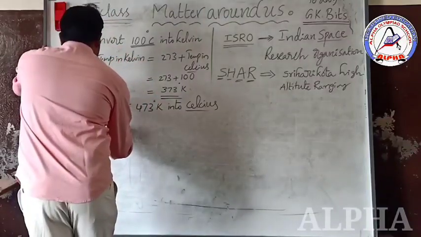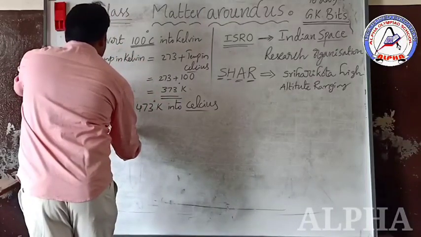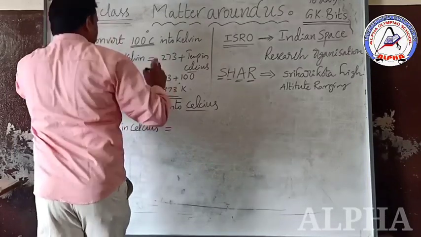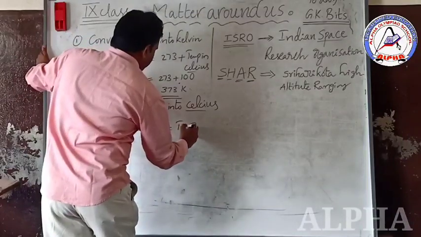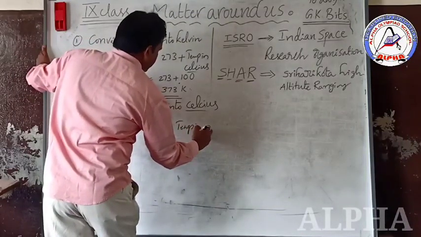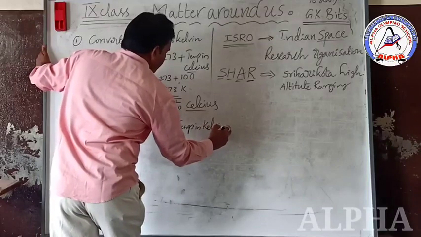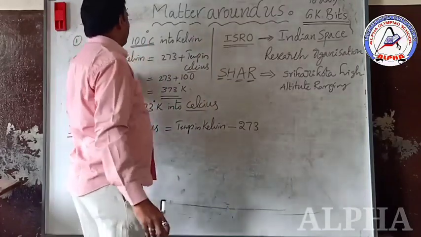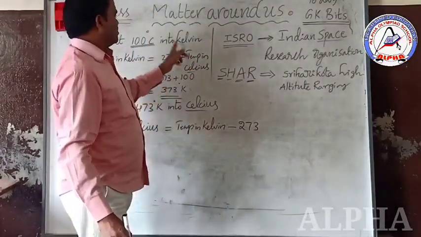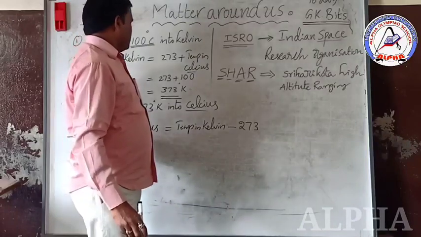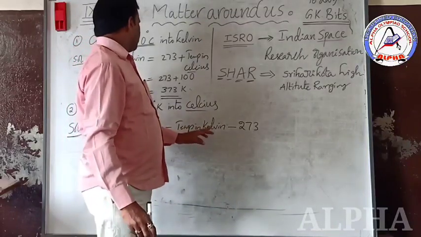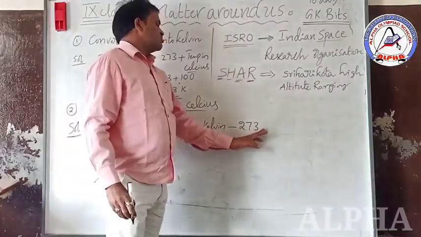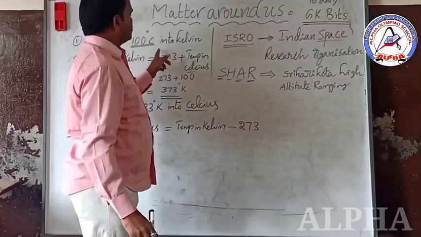So temperature in Celsius or centigrade is equal to temperature in Kelvin minus 273. Celsius into Kelvin means adding 273; Kelvin into Celsius means subtracting 273.